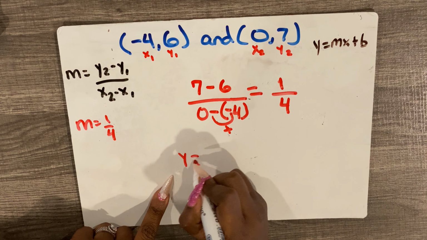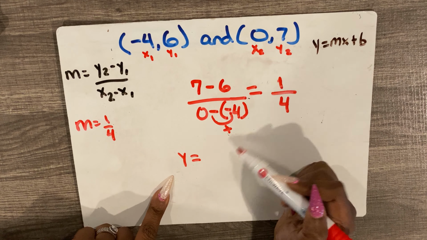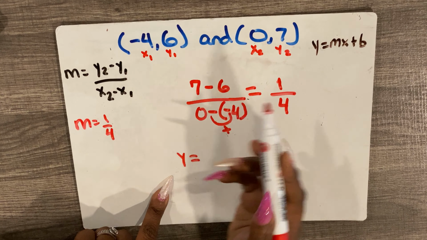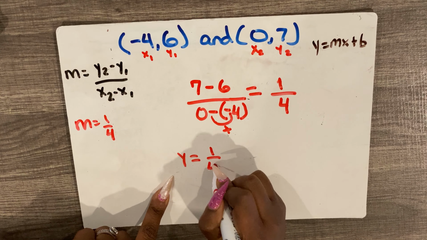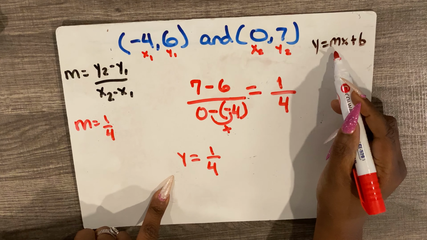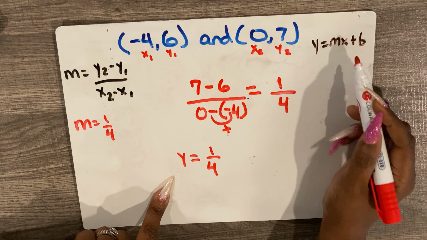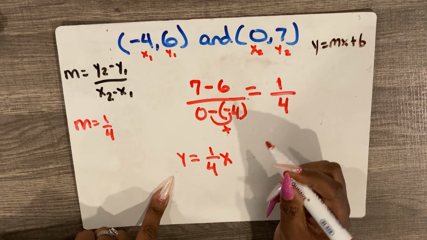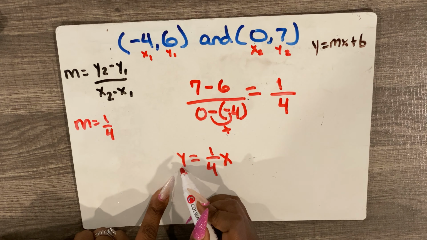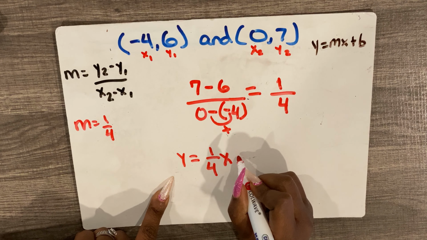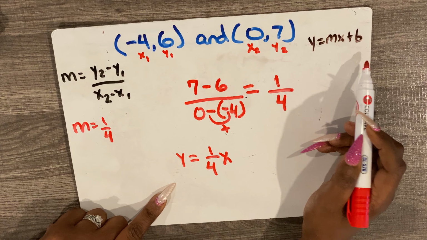So I have y equals, what is my slope? My slope is 1/4. Okay, so that's my 1/4. I keep my x because your coordinates are x and y. Then I have plus b.